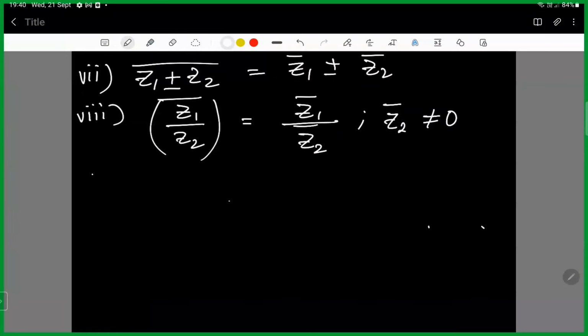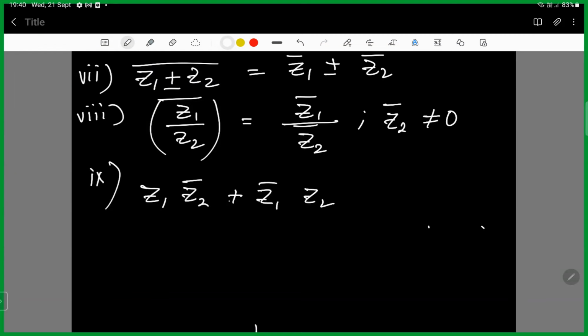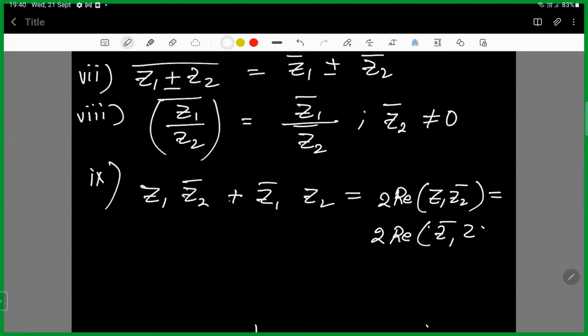Write down the next property. I think that will be enough. Watch, I just write down: Z1 Z2 bar plus Z1 bar Z2, where bar means conjugate, will be equal to 2 times the real part of Z1 Z2 bar, or this is also equal to 2 times the real part of Z1 bar Z2.